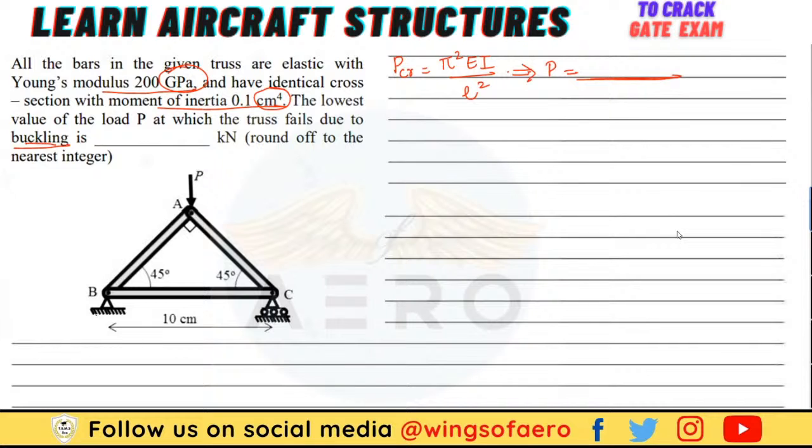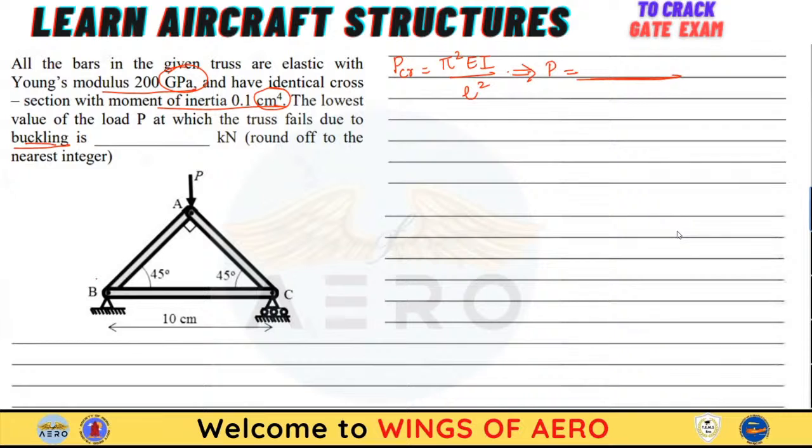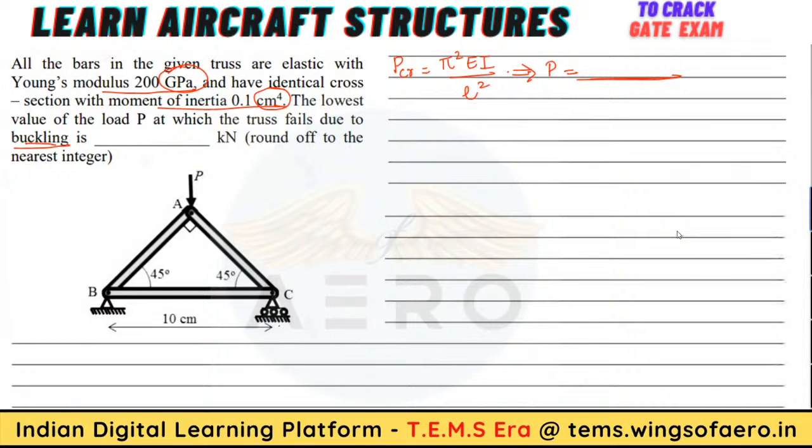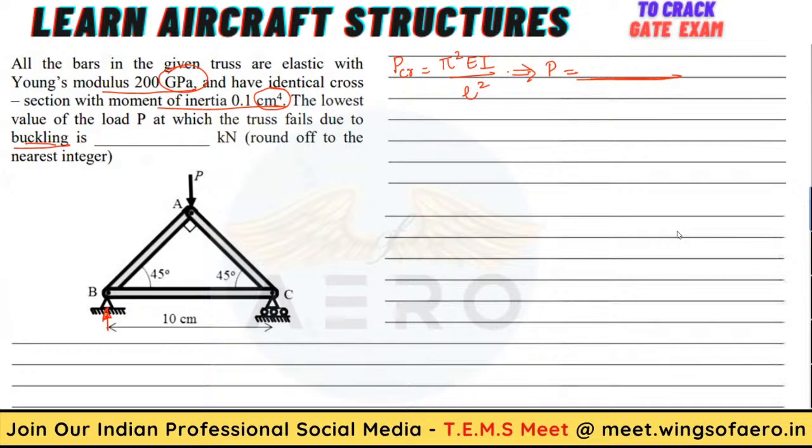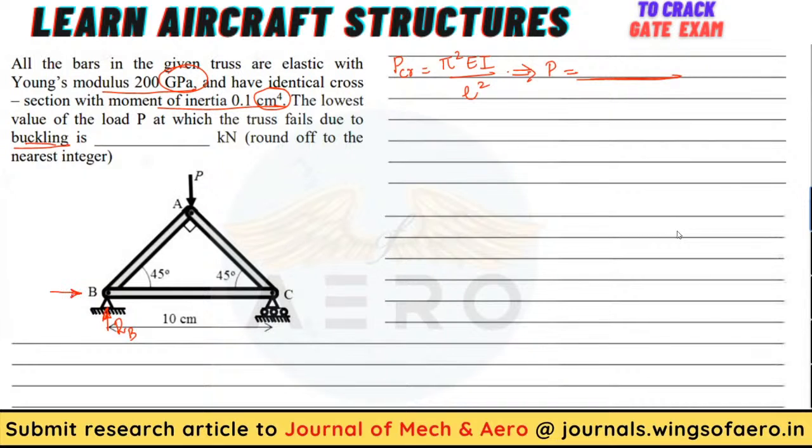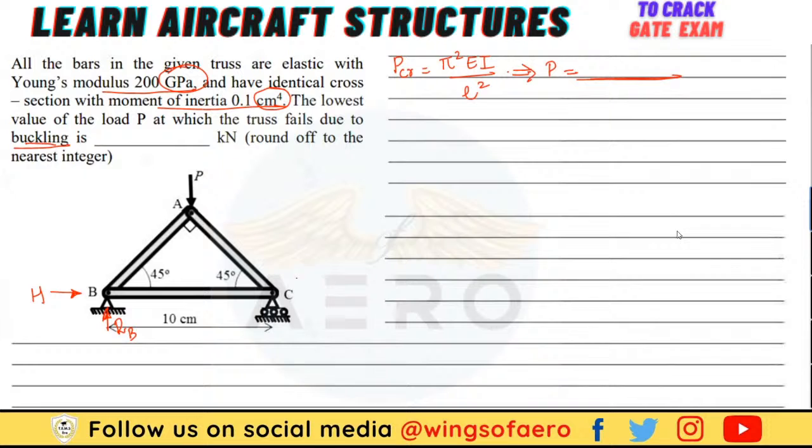You need to find out the reaction forces. Now here in this problem statement, what are the forces? At B it is a hinge, and at C we have the roller. So first of all, here we will have one vertical force, let's consider RB, and a horizontal force, let me consider H. You can denote anything.